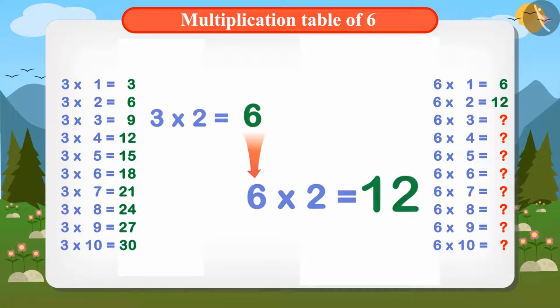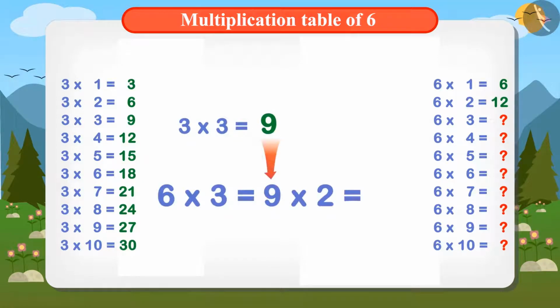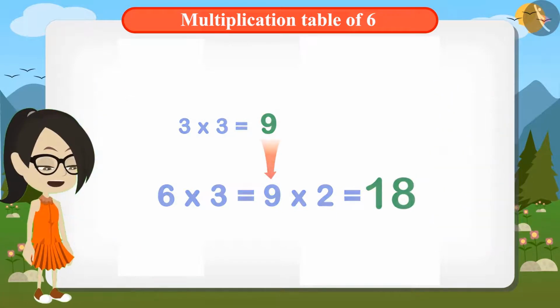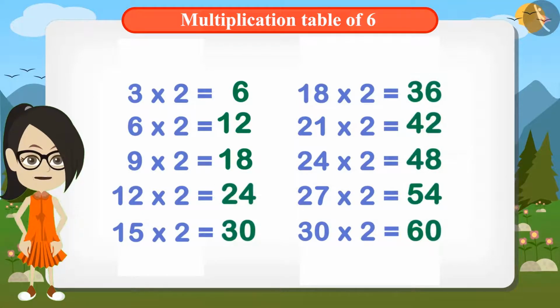This is very easy. 3 times 3 is 9, so 6 multiplied by 3 will be 9 times 2, that is 18. Now, I can find out the table of 6 in this manner. You can also find out the multiplication table of 6 like this.